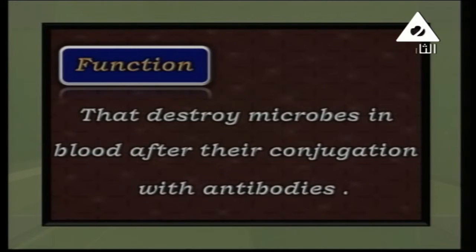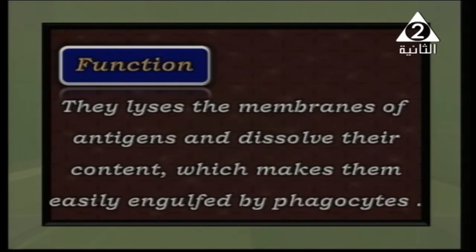After the antibody connects and attacks, they have the ability to destroy these microbes, and also the ability for lysing. They lyse the membranes of the antigens. Lysis means they are destroyed and dissolved, their components disappear, which makes them easily engulfed by the phagocytes. So the main function of the complements is that the phagocytes' engulfing becomes easier with the help of the complements, which are assisting chemical substances inside your body.